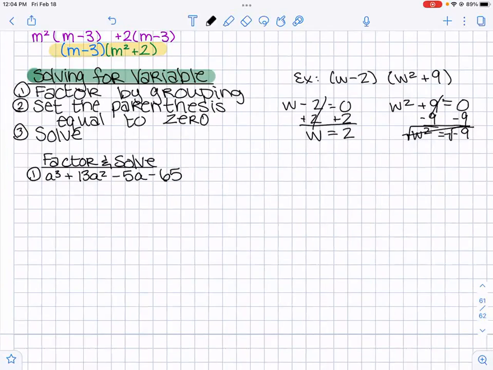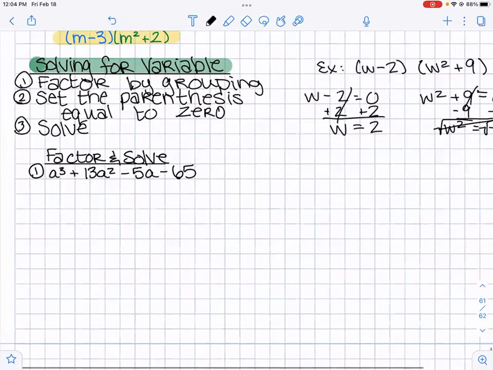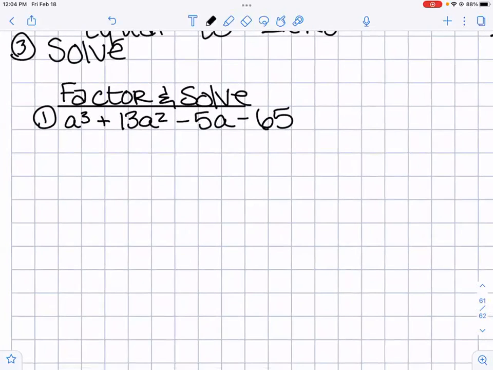Okay, let's go through this just like we did yesterday. What's the first step when we're factoring? Separate it into two groups.